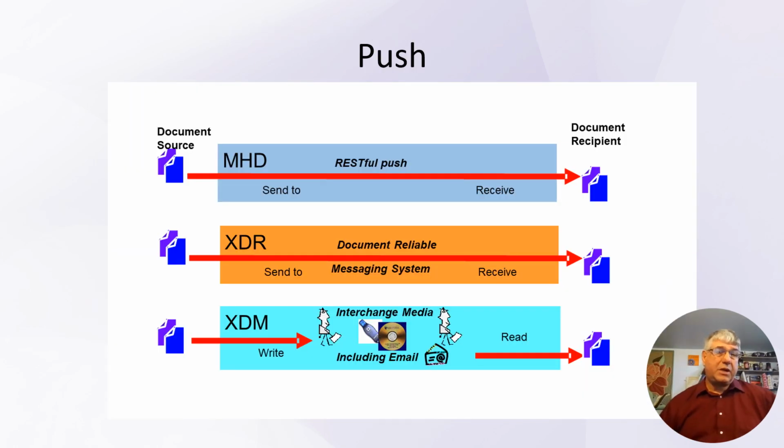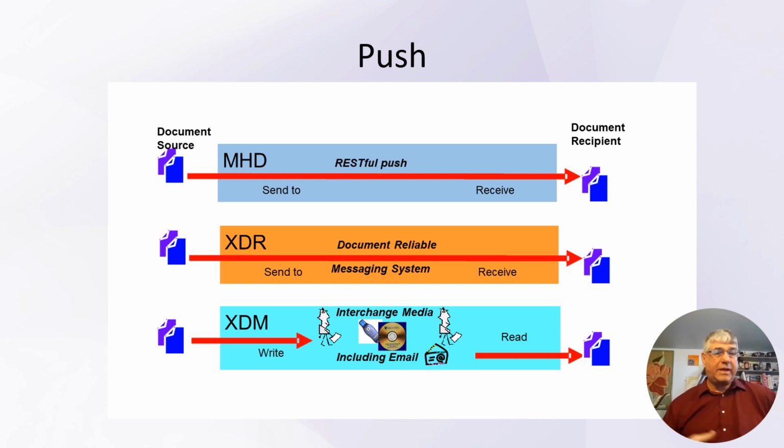IHE's document sharing is not only about publication and query and retrieve, but there are also some push models within here as well. MHD, which is based on FHIR, allows for both support of the query retrieve that you saw previously, but also just simply pushing content to an intended recipient. XDR is using the model from XDS, but is intended to push content from one to another.